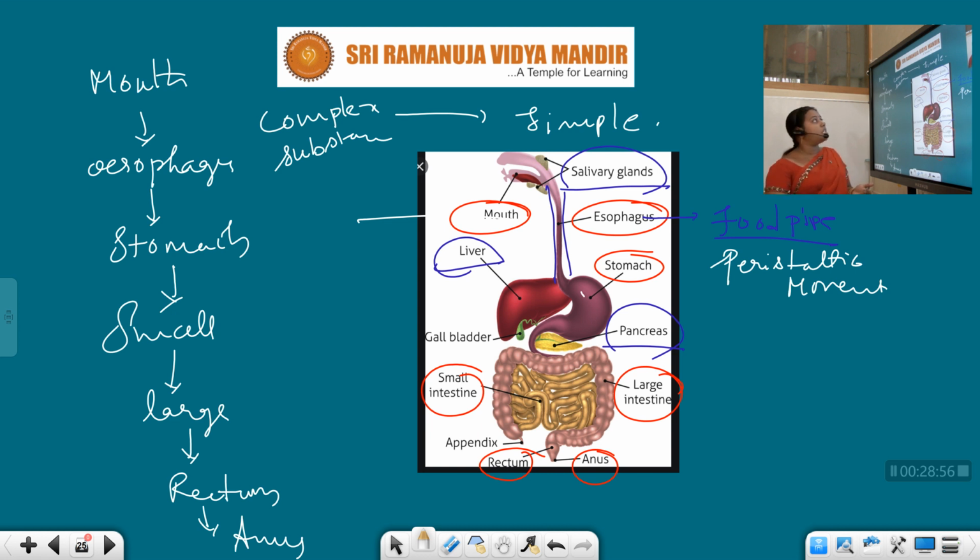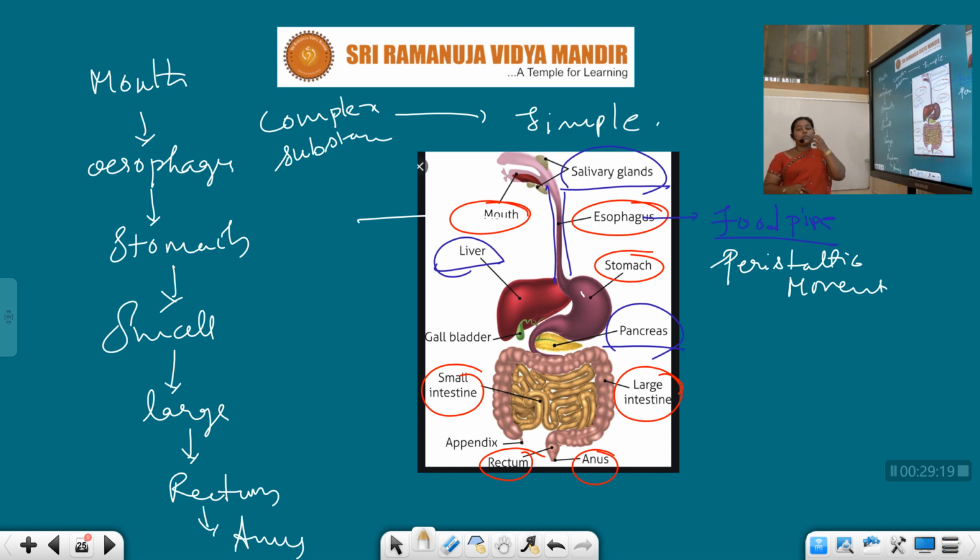That particular process is nothing but digestion. To cut the food into small pieces, it requires some machinery, some system. That is the digestive system. It consists of the following parts: mouth, esophagus, stomach, small intestine, large intestine, rectum, and anus.